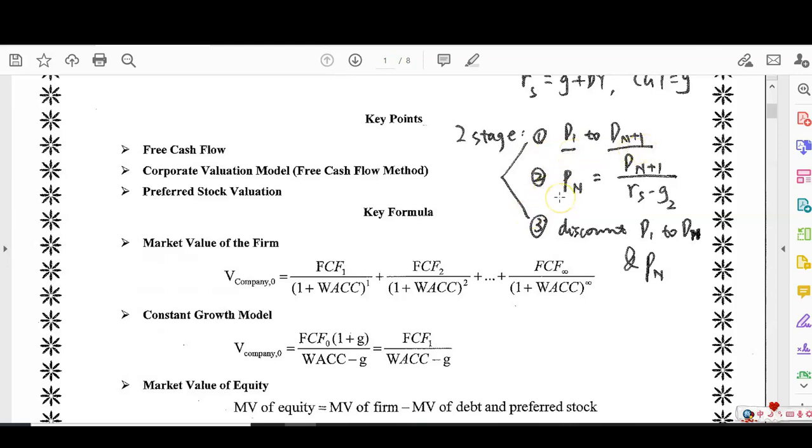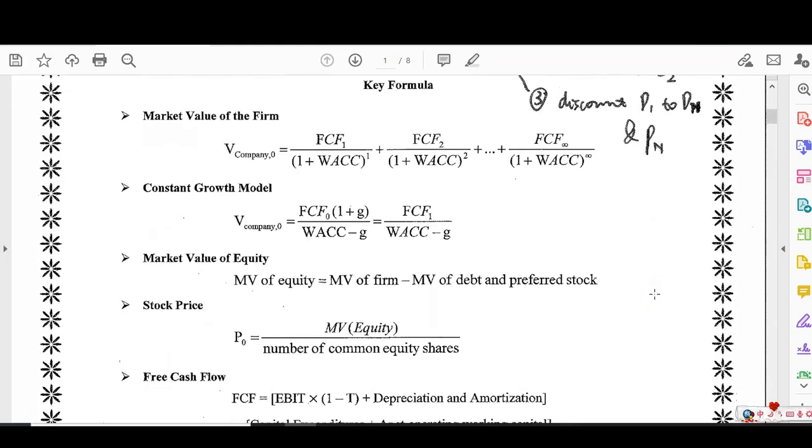Step 2, we calculate the horizon value Pn equals Dn plus 1 over Rs minus g2. Step 3, we discount all the dividends in the first stage, D1 to Dn. We also discount the horizon value Pn. So this is a review of class 1 and 2.